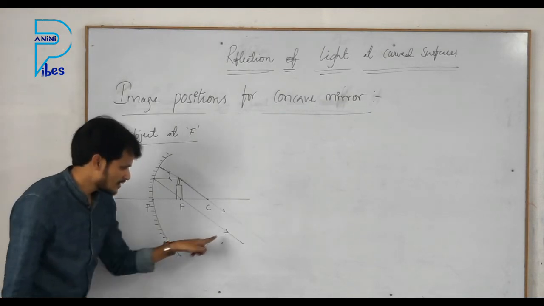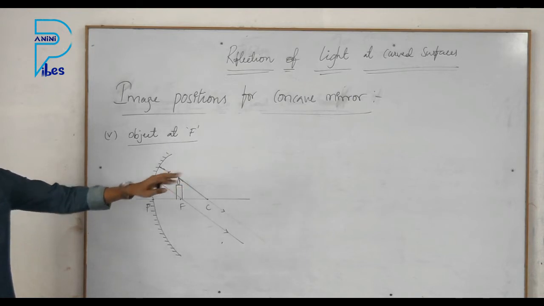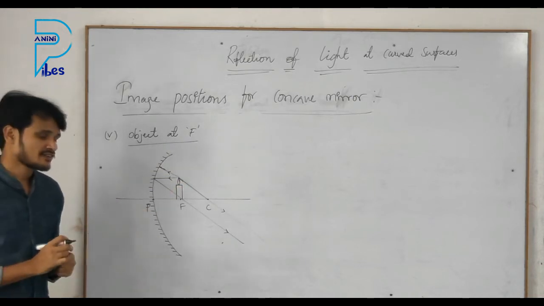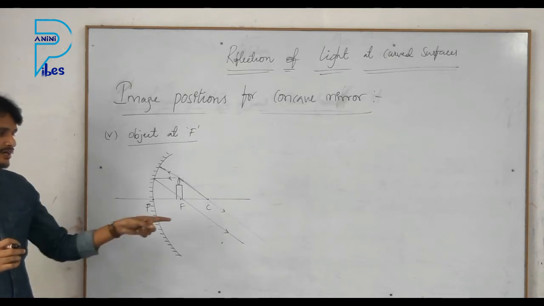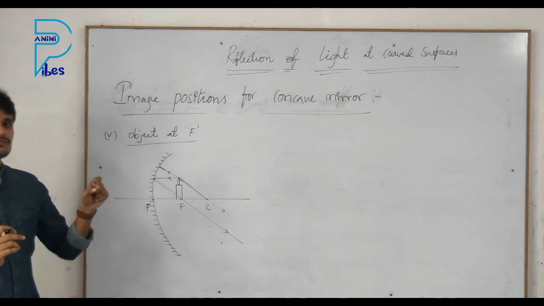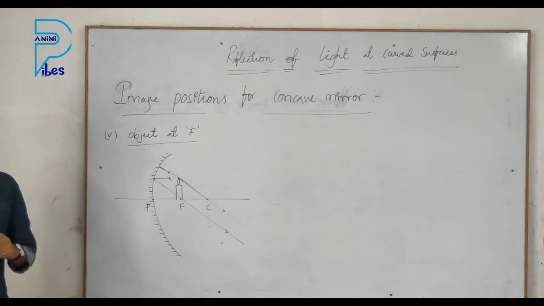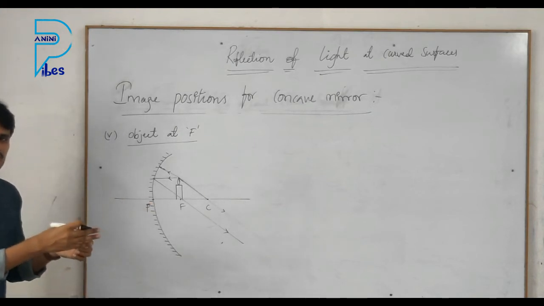In this case, we are not seeing any intersection. In the last 4 positions we have seen intersection of reflected rays, and we considered that intersecting point as the image point, but there is no intersecting point here. That means the image is formed at infinity.